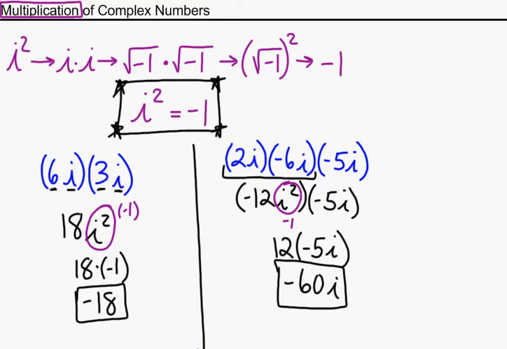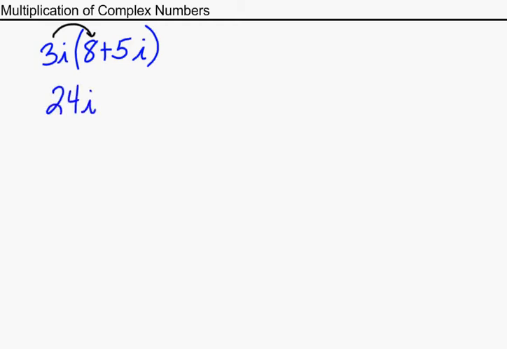When I start multiplying, the next progression in multiplication is to look at distribution. So if I have a problem like 3i times (8 plus 5i), all I have to do is distribute the 3i to each of these pieces. So 3i times 8 is still going to give me 24i, multiply the real parts, and then i.